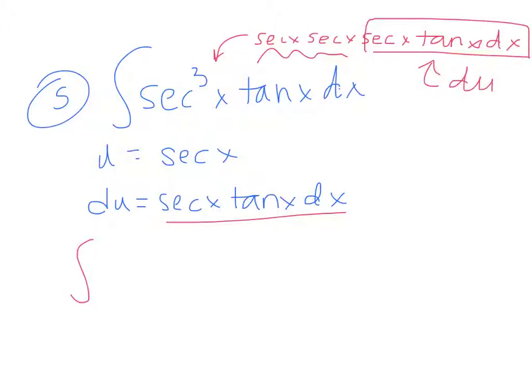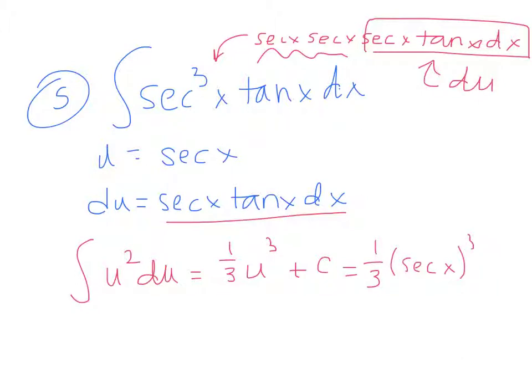So when we replace, it's actually only u squared. It's not u cubed because one of those secants had to be used for the derivative. So it's u squared and then du. So then we integrate and we get u cubed with a 1/3 plus c. So it's 1/3 secant x cubed, or you could bring the 3 in between the secant and the x, plus c, and that's your answer.